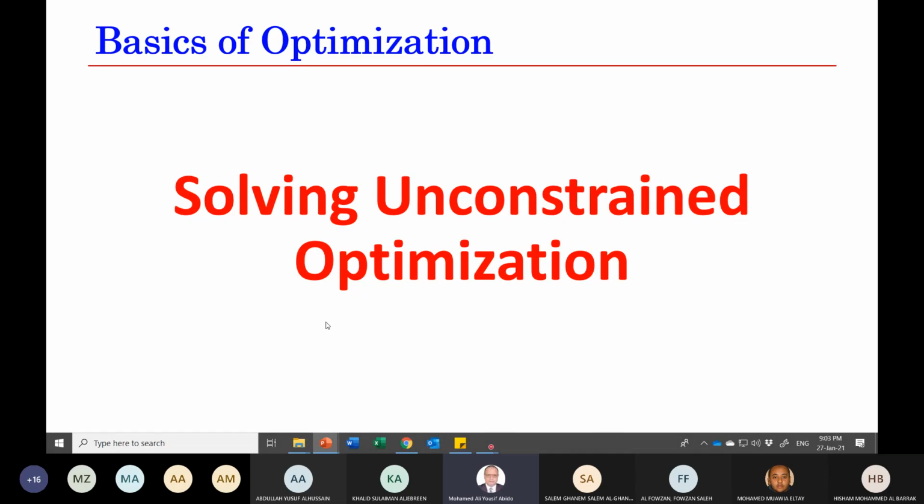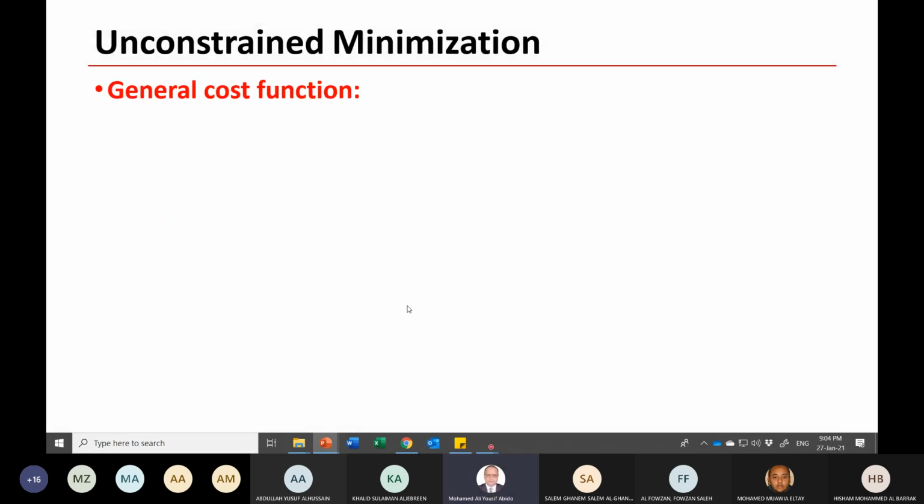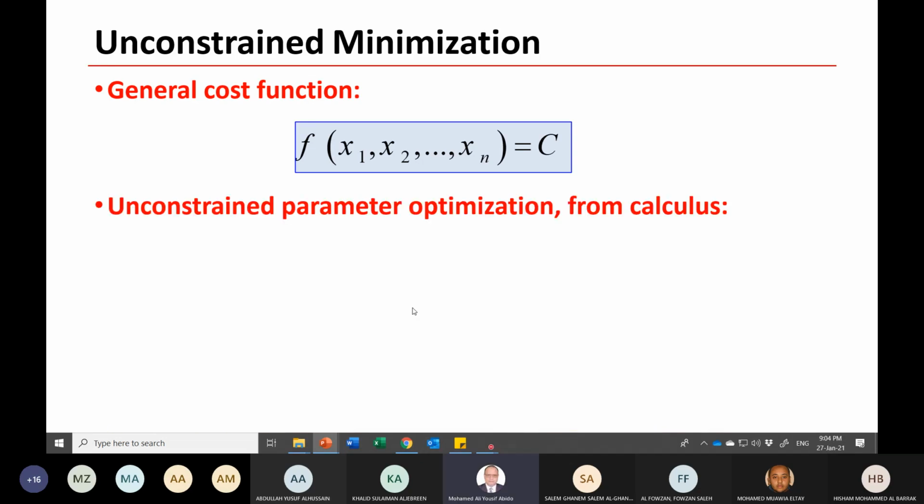Okay, so we have two types of optimization problems, constrained and unconstrained problems. In an unconstrained problem, you have only the objective function, and you need to minimize it, and there are no constraints on the variables.